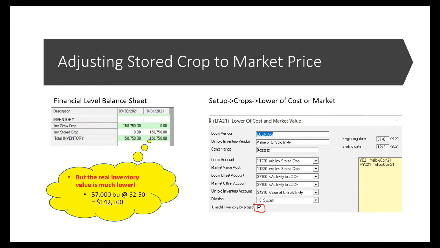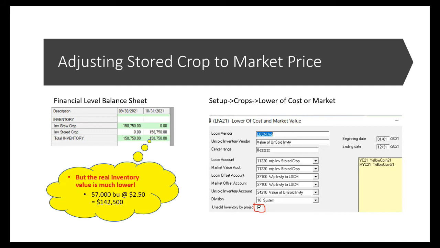One little caveat as you get into this: you can run this process for the full year, so you have 12 months' worth of data, the prices to put in. My rule of thumb, or what I encourage people to do, is only run it through the current month. So here we are at the end of August, only run the LOCM through August.